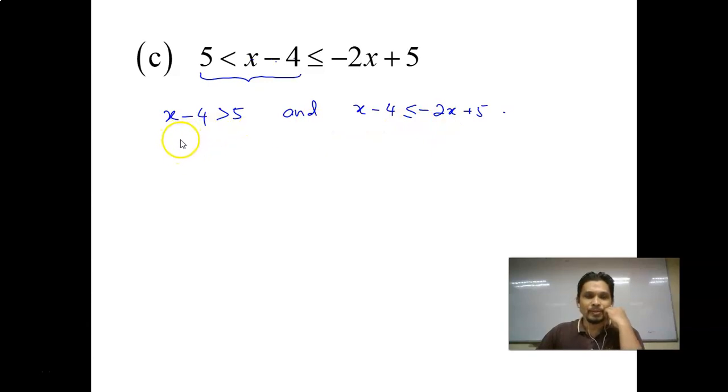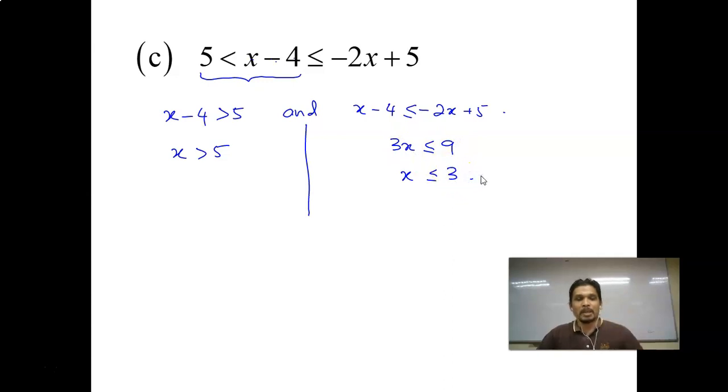Again, we solve to find the solution, starting on the left side, case number 1: x greater than 5. And here negative 2x brought to the other side becomes positive, so x plus 2x is 3x. Then less than or equal to, negative 4 brought to the other side becomes positive, so 5 plus 4 equals 9, then x less than or equal to 9 divided by 3, which equals 3.